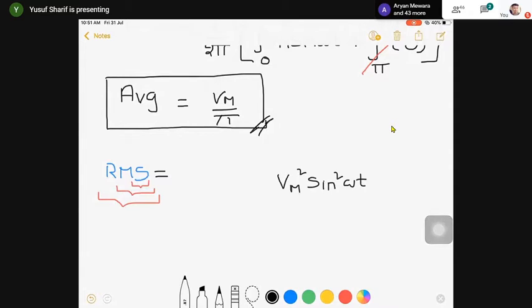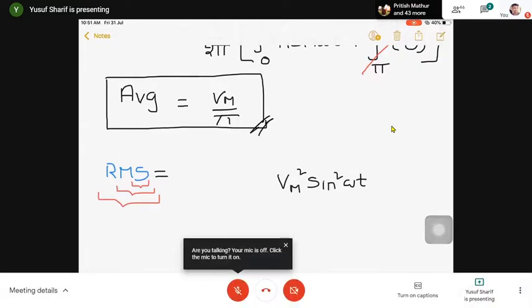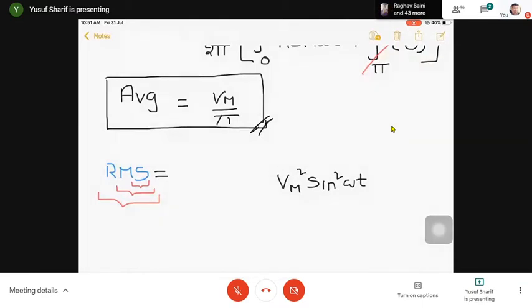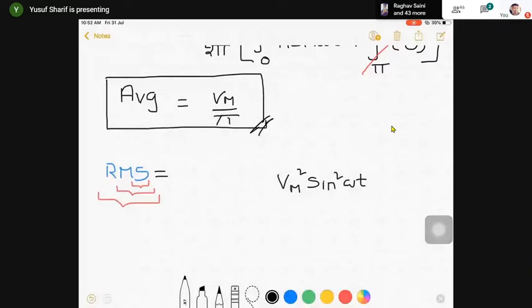This is what we do, and after that, the mean. What do we mean by integration? Integration is nothing but adding, right? I'm simply asking what you mean by integration. Integration is nothing but adding, so I will integrate it over the time period, from 0 to 2 pi.